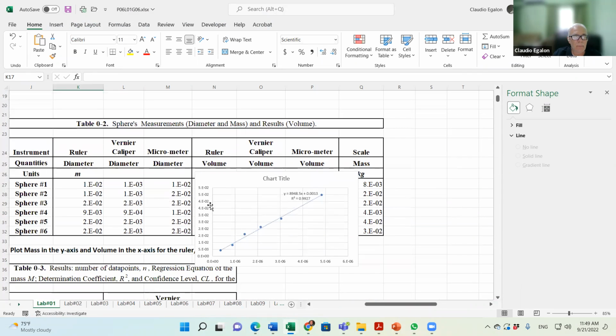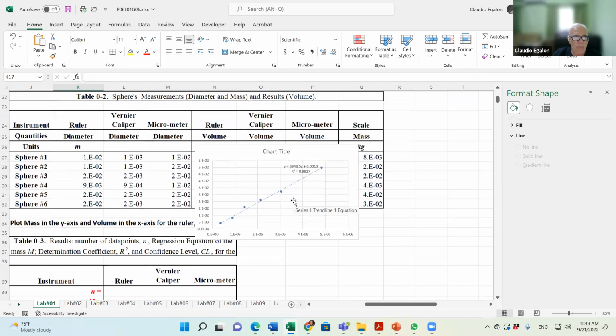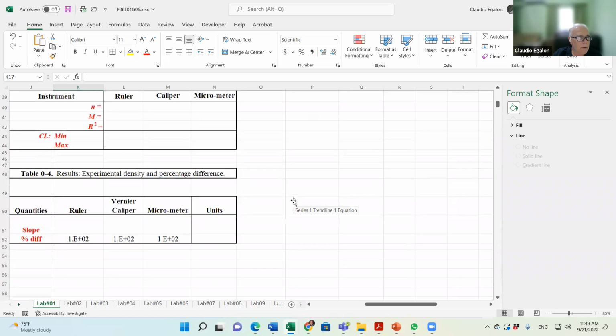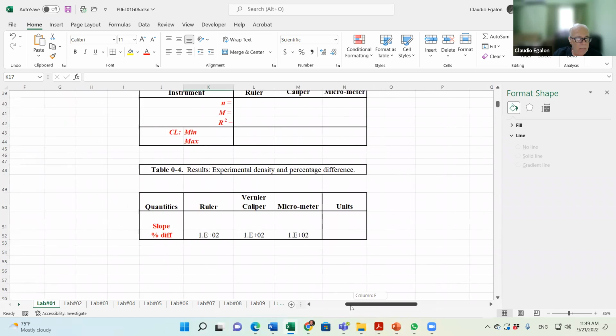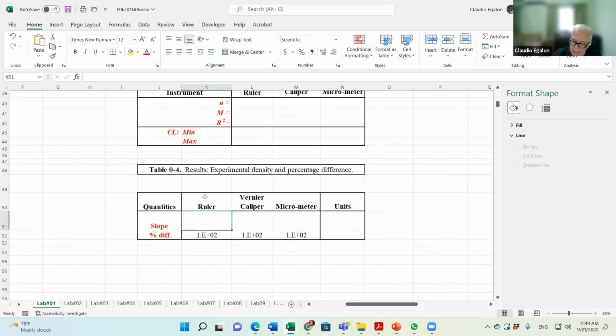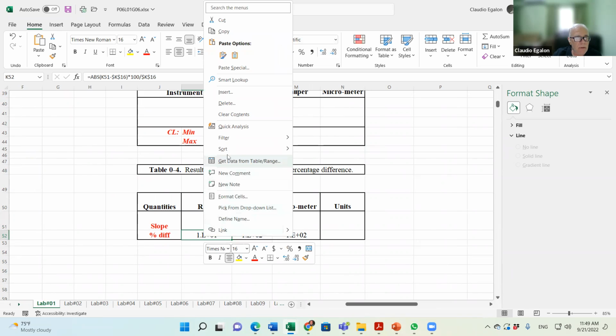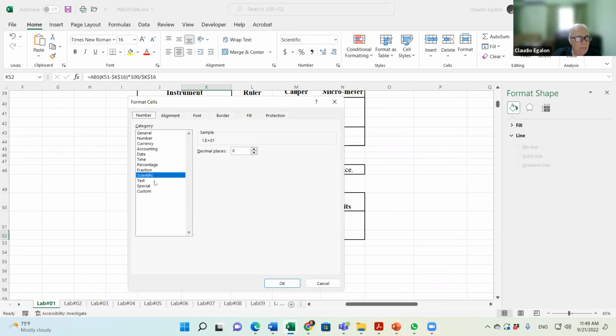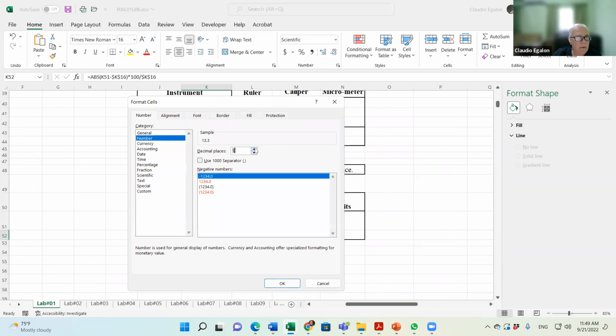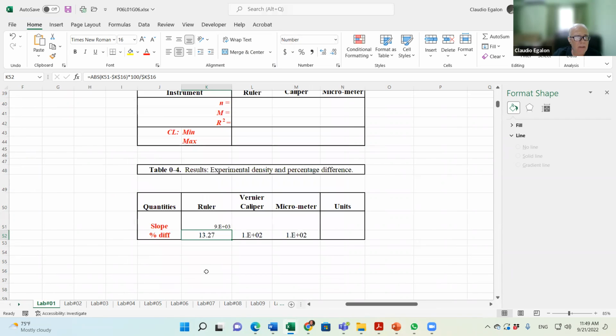And then if I log 8,948 here in the other table, this slope, see that? We end up getting a percentage difference that is what? Let's see, what's the percentage difference here? I'm getting a 13% difference, 13.27% difference.